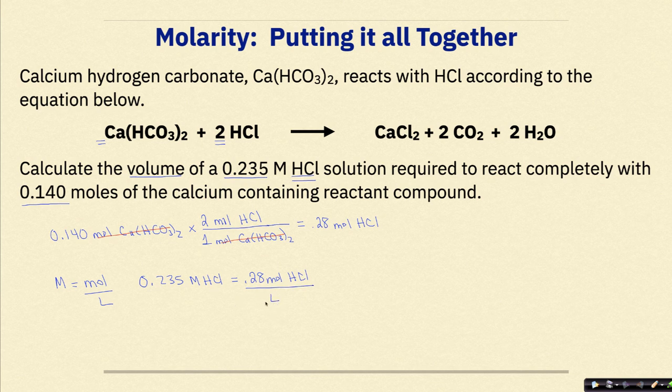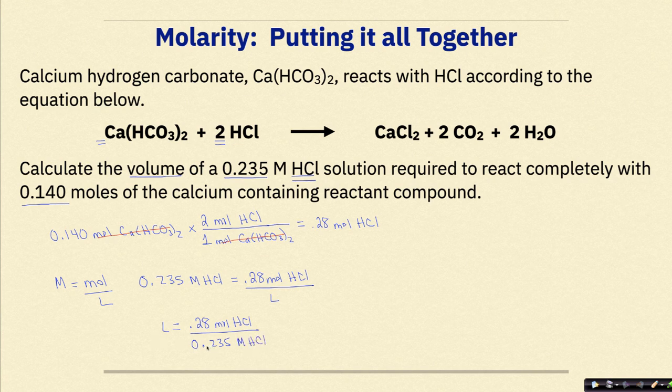So like before, I'm going to rearrange my problem, isolating my variable of volume. So liters is equal to 0.28 moles of HCl divided by 0.235 molarity HCl.